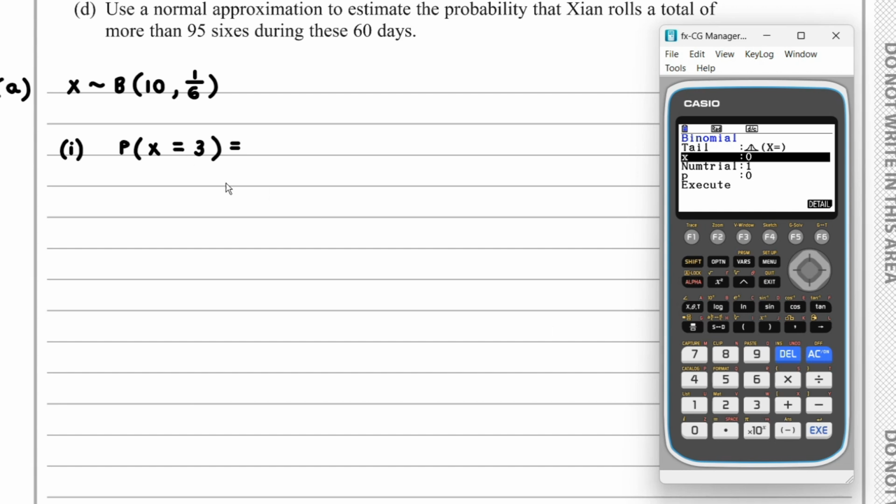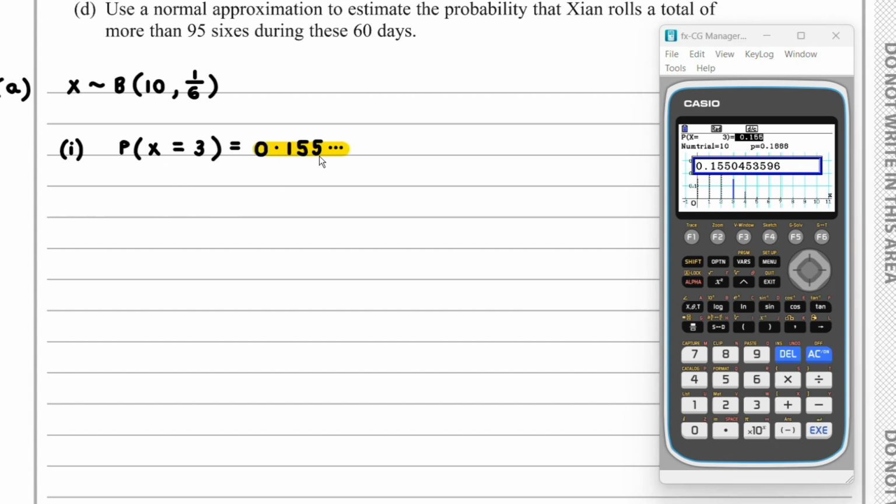We have x equaling 3 with 10 trials, and the probability is given by 1/6, and working this out, it turns out the probability that X equals 3 is 0.155, etc.